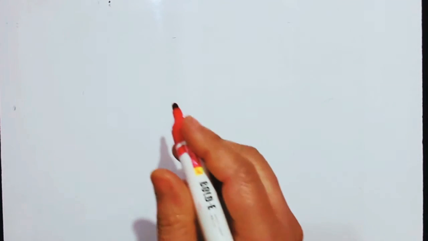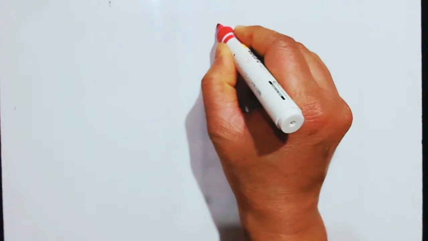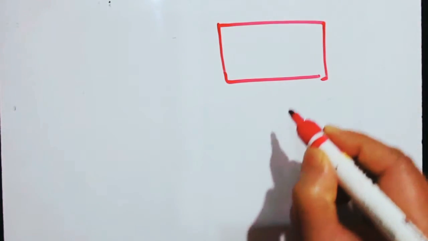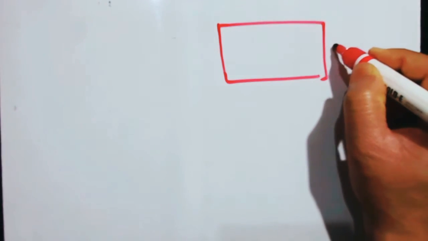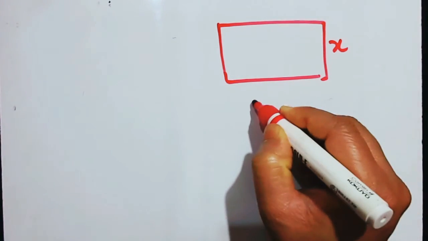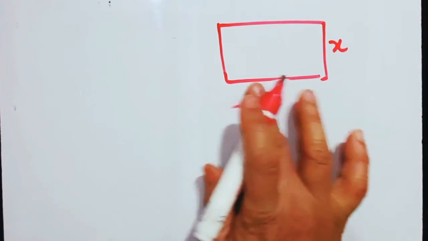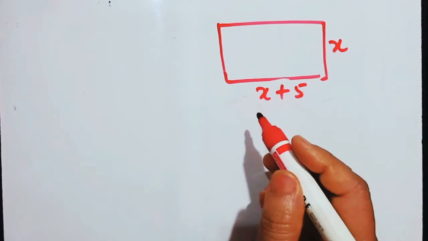The length of a rectangular plot exceeds its breadth by 5 meters. So this is my rectangular plot. Here they say that the length exceeds the breadth by 5 meters. So if the breadth is equal to x, length will be equal to x plus 5 meter.